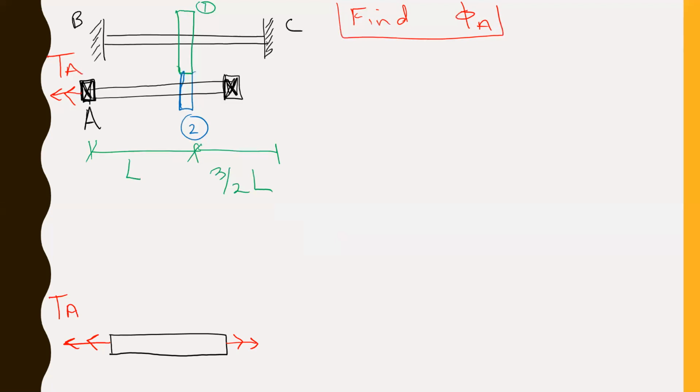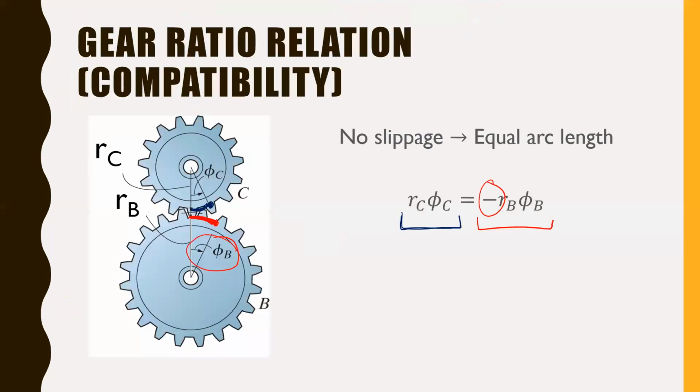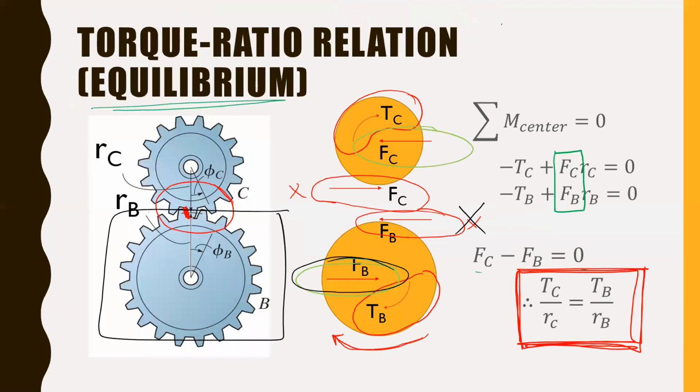I can then look at the gear itself. I could look at gear 2 alone and get that reaction force on the top. I can look at a single gear alone and get this reaction force, and then go to the next gear and apply that reaction force and get the torque.